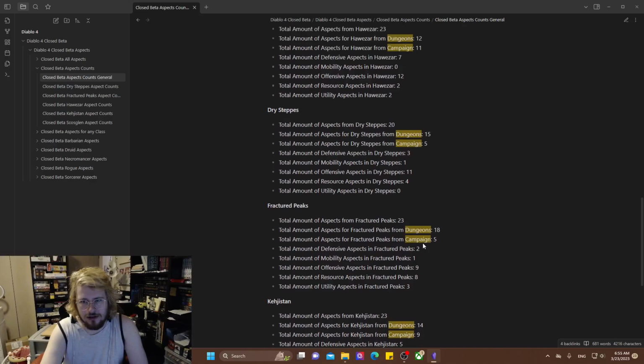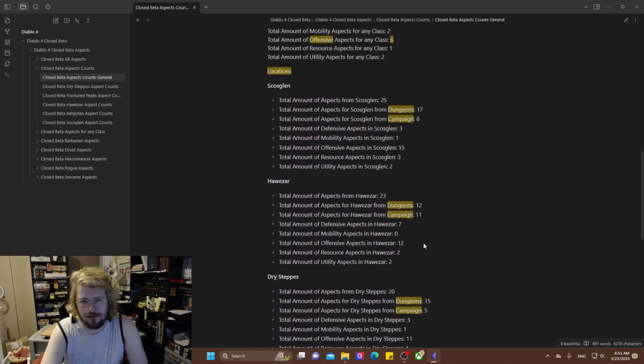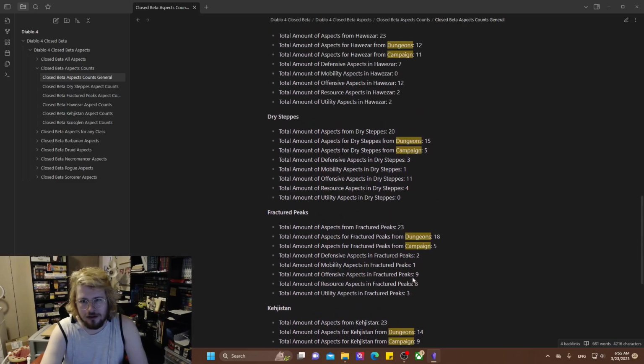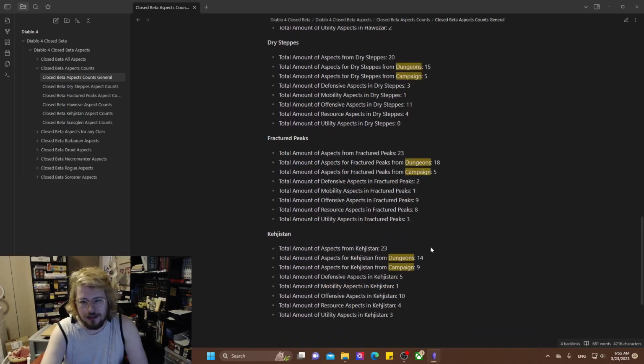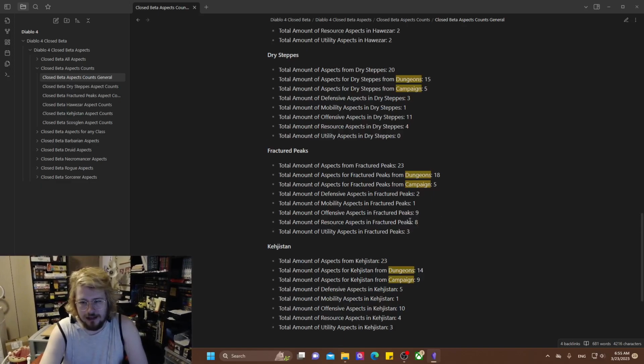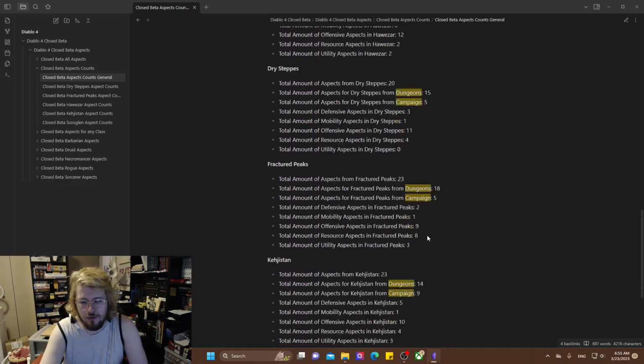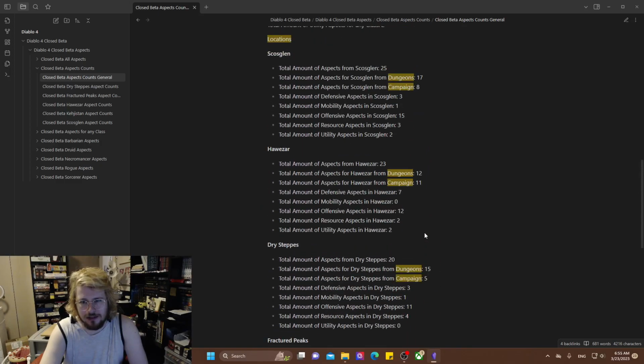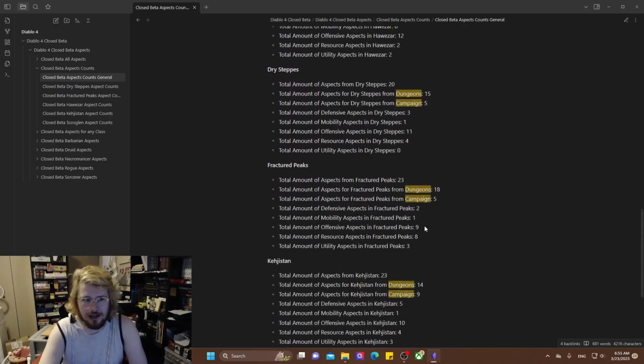Oh no, is it not Fractured Peaks? Oh no, there's a tie between like 4 of them. Never mind. The most resource one is in Fractured Peaks as well. There's 8 resource aspects there, compared to the rest that has like 4 to 2. And the one with the most utility aspects is both Fractured Peaks and Kehejistan.